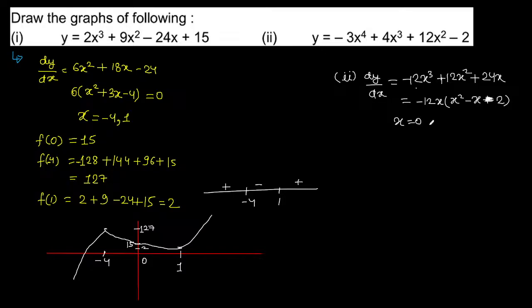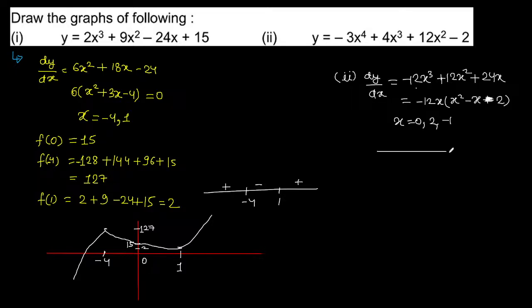So x is 0, x is minus 2, x is 2, y is minus 1.